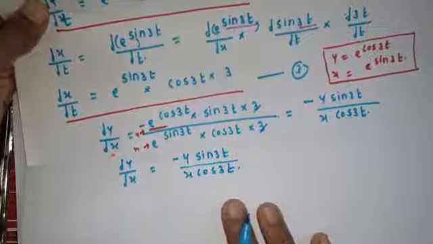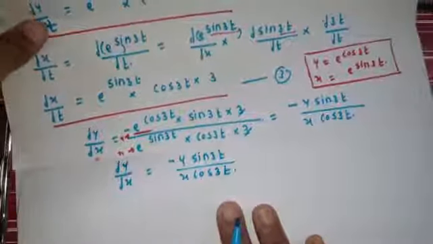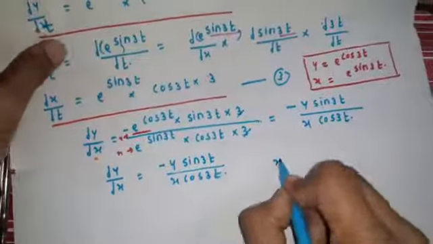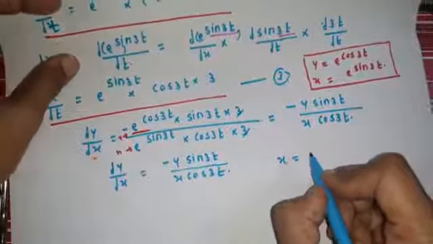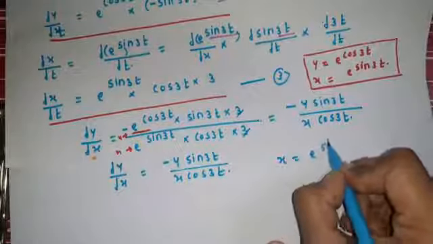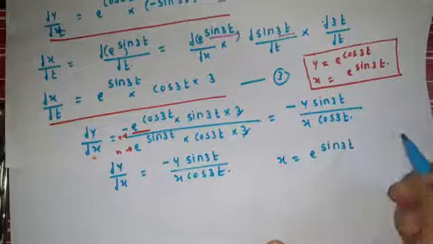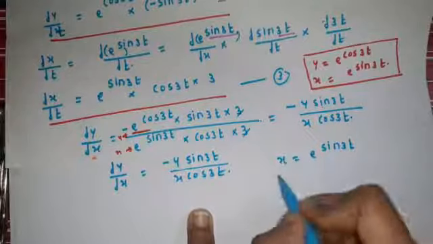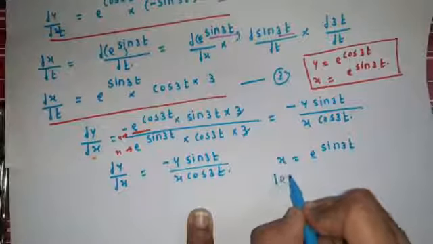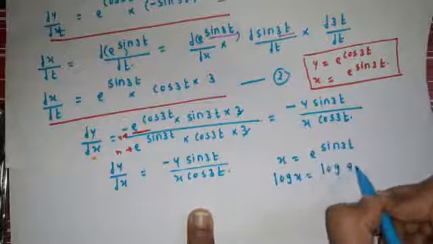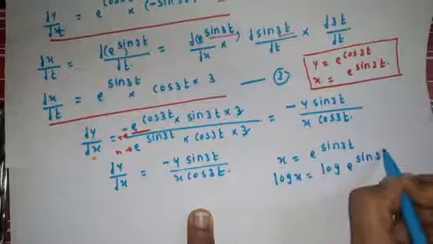Okay students, so now we have x equal to e raised to sine of 3t. Now taking logs on both sides, log of x equal to log of e raised to sine of 3t.